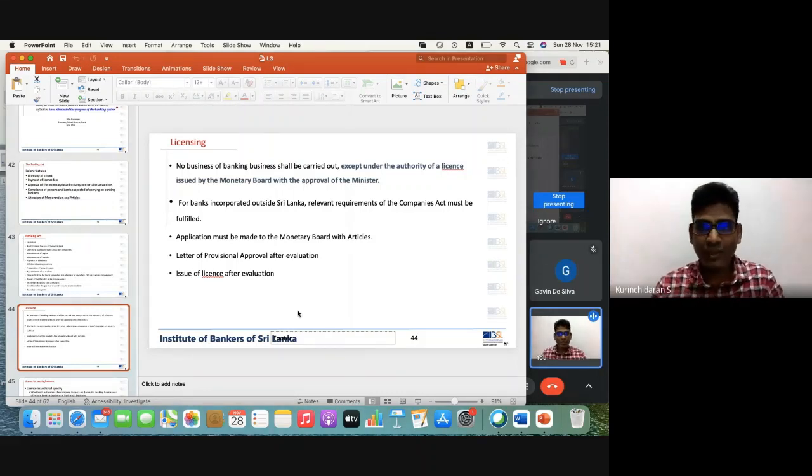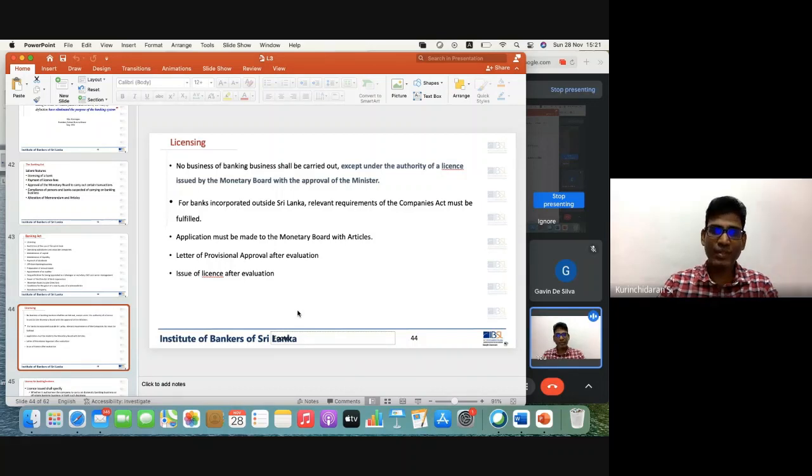Okay, so first it talks about licensing. Based on this Banking Act, it prohibits anybody from carrying on banking business without a license, right? The license is issued by the Monetary Board of the Central Bank of Sri Lanka with the approval of the Minister, right?